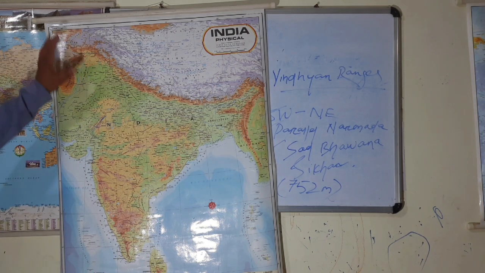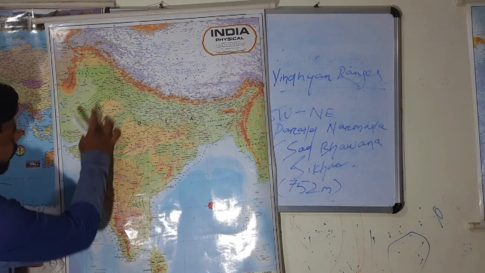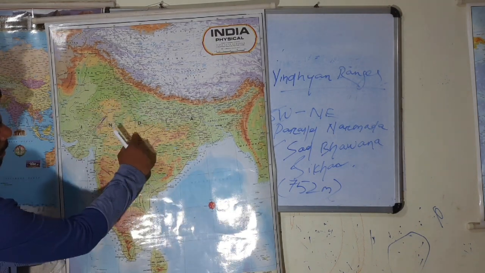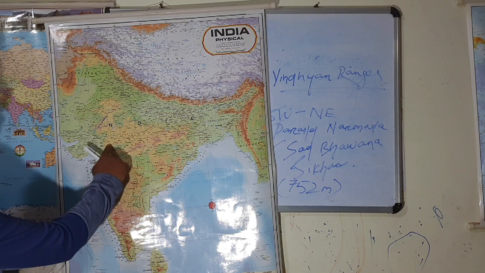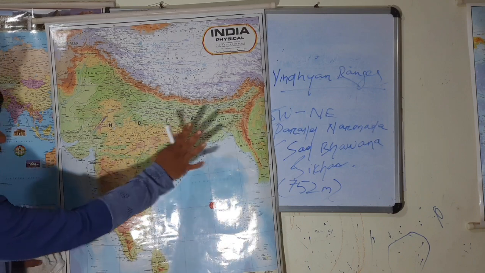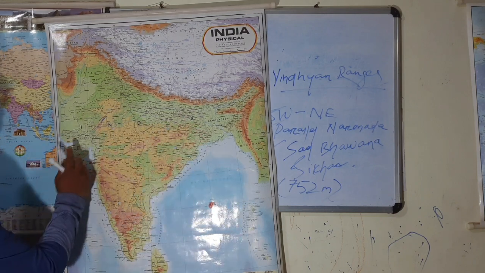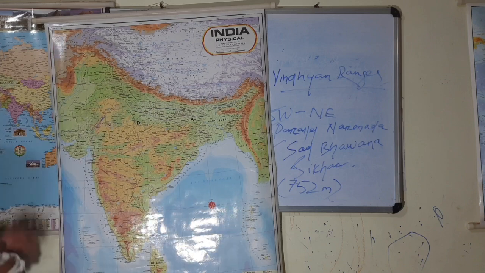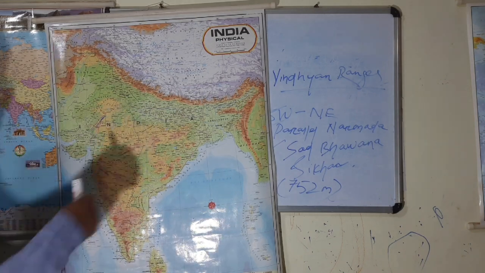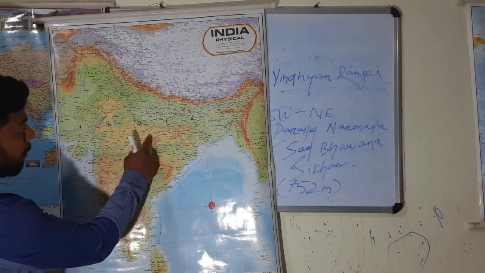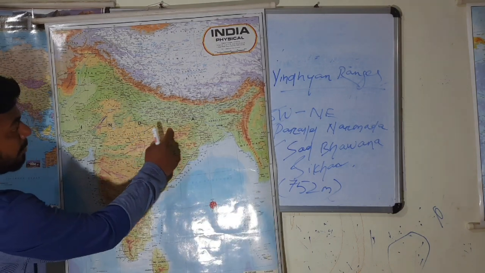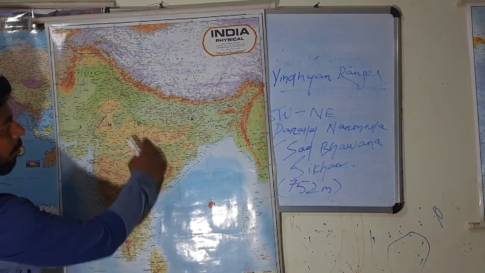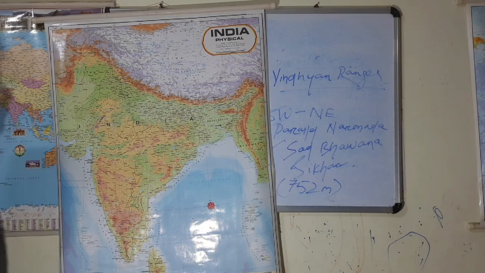So what have we finished? This part we have finished completely. In the southern part of the Malwa Plateau, the Vindhyan range is there. We have finished that. In the northern part of the Malwa Plateau, the Aravalli range is there. We have finished that. And the remaining are, in fact, Baghelkhand and Bundelkhand, to which the Malwa Plateau extends.